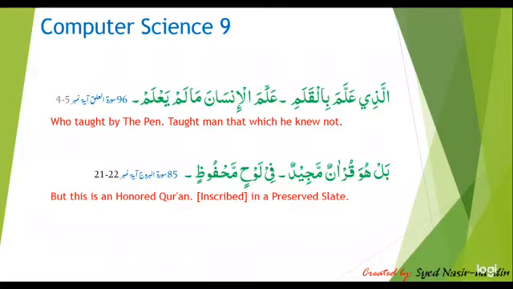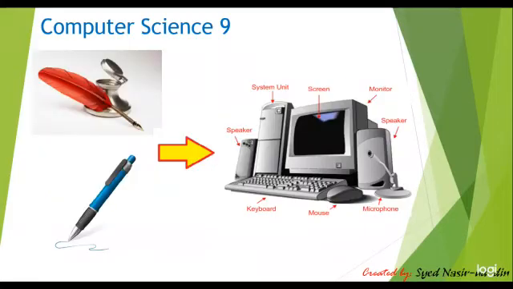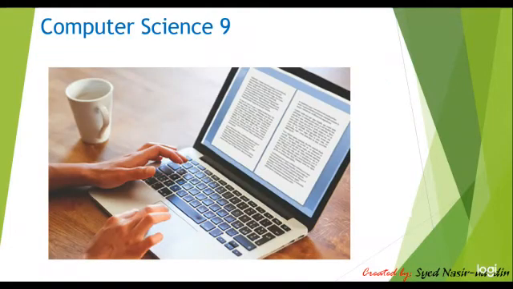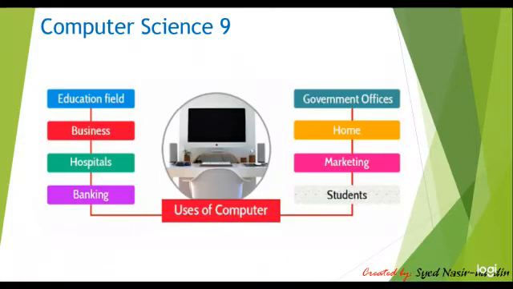In a sense, we can say that nowadays the most refined form of the pen is computer. Computer not only helps us in composing, writing, but also helps us in almost all fields of life.